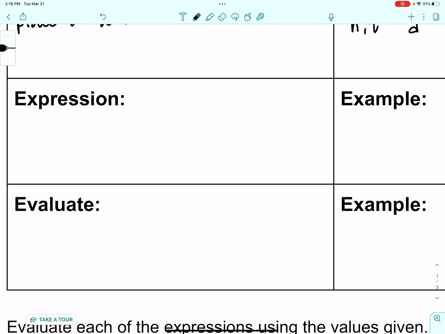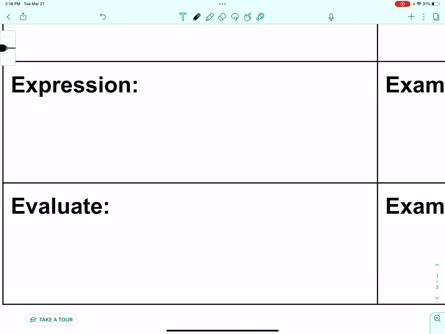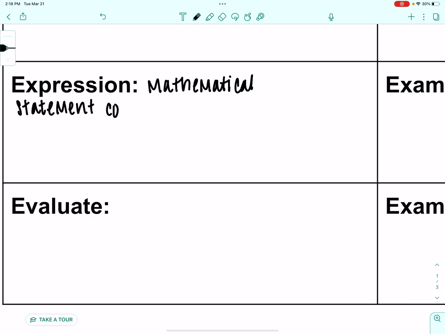Now, we take those variables and we combine them with numbers and symbols to create an expression. An expression is a mathematical statement combining variables and constants.